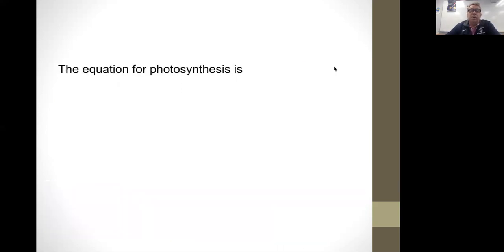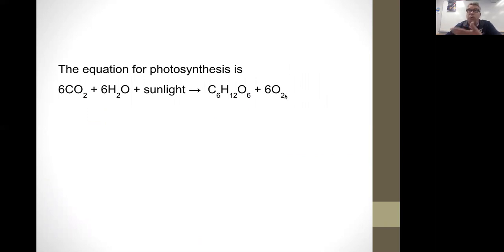So remember the equation, you may have seen the opposite reaction last week when you talked about cellular respiration, how we take glucose, that's sugar, and in presence of oxygen, we go through cellular respiration or aerobic respiration. But in order to produce that glucose and oxygen, plants go through photosynthesis.